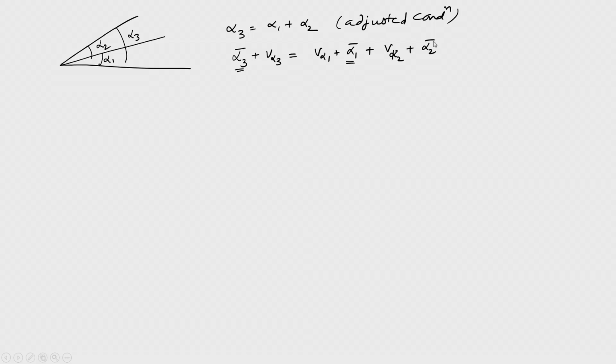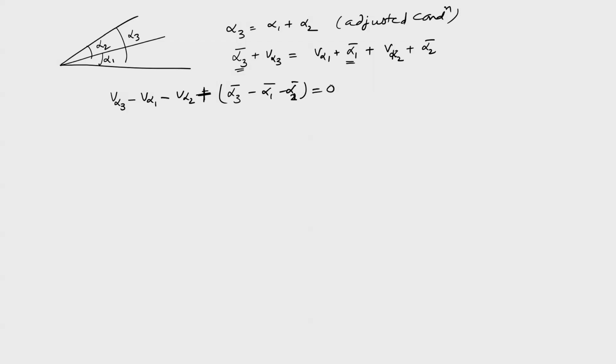Can I construct the equation BV plus W here? Let us look into this. I can write V alpha 3 minus V alpha 1 minus V alpha 2 plus alpha 3 bar minus alpha 1 bar minus alpha 2 bar equal to 0.